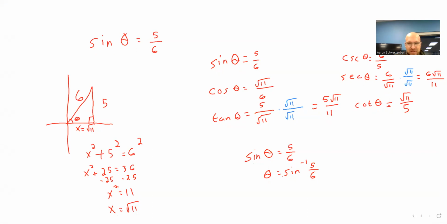Okay. Now we're going to talk about solving a triangle and then doing a word problem. Right triangle trig word problems are relatively easy. So we have a right triangle with a hypotenuse of 8 and an angle of 37. Solving the triangle means getting the rest of it.